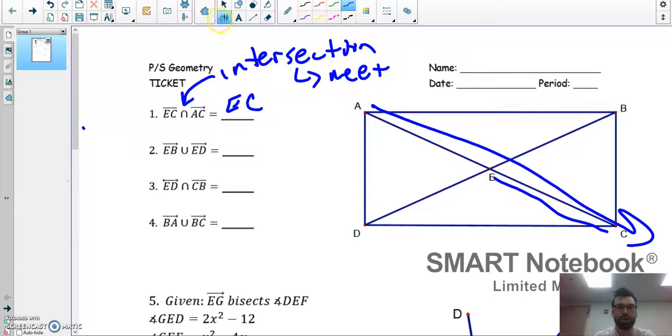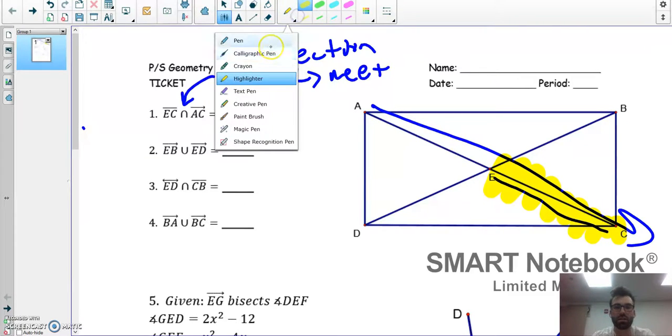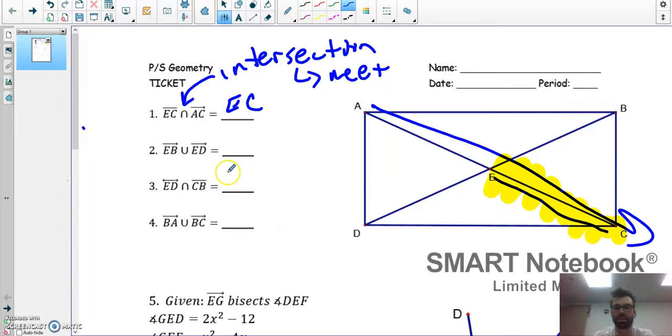We've got to figure out what that combination is. So there's this overlap, here's our overlap right there. If you look at our object EC, you see that's a segment. It stops here and ends here. Now AC obviously goes on forever, but since EC is just a segment, our overlap has to be a segment as well.